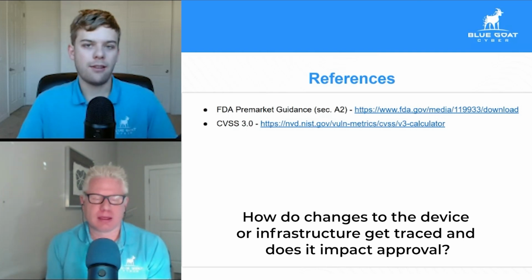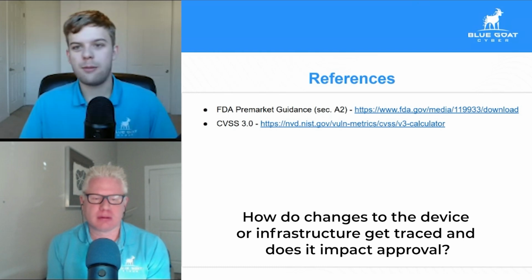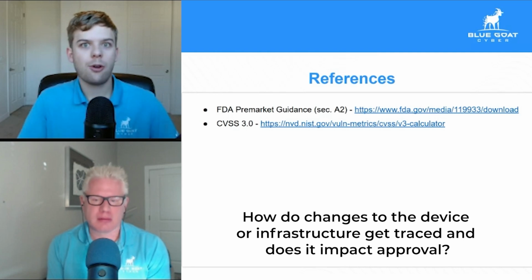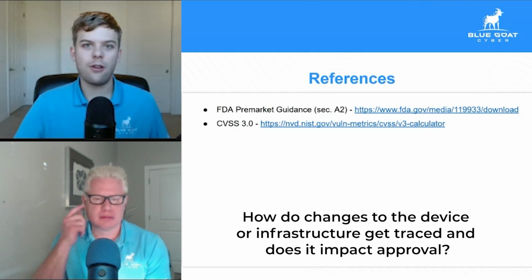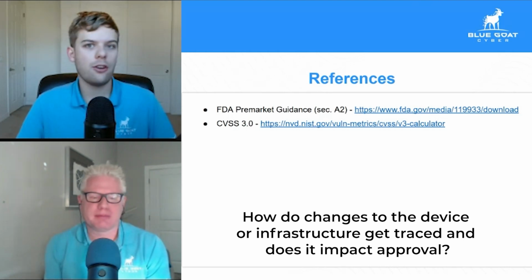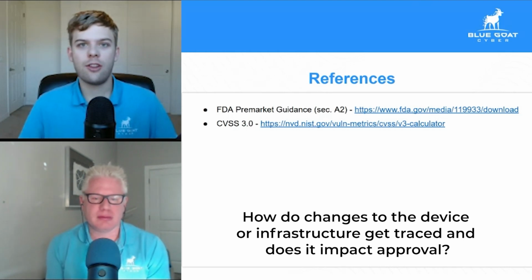It's expected that devices have an update process built into place, especially now since vulnerabilities may come up and they can't be remediated in the future. Changes to the device infrastructure should be logged through design history files. It's important to have traceability back to previous versions. And so there should be a standardized process logged in your QMS for making changes to the device, documenting what the changes were and what that potential scope is.